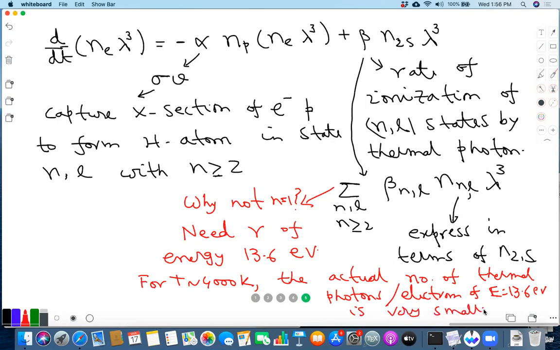I think we got a factor of 10 to the minus 20 versus 10 to the 10, so 10 to the minus 10 per electron. That's the reason why you are not including this, because the number of thermal photons that can actually excite it is so small that the contribution is negligible.